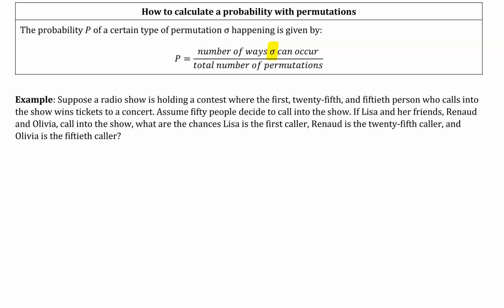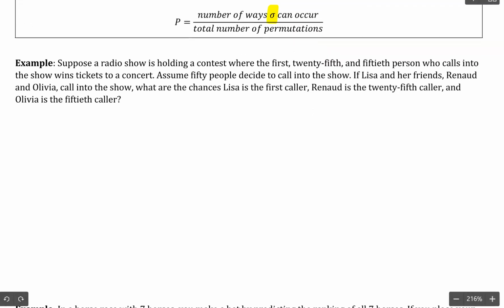And then we always divide our probability by the total number of possible outcomes there are. In this case, those will be how many permutations there are, or how many different ways people or things can be arranged. So let's see this as an example.